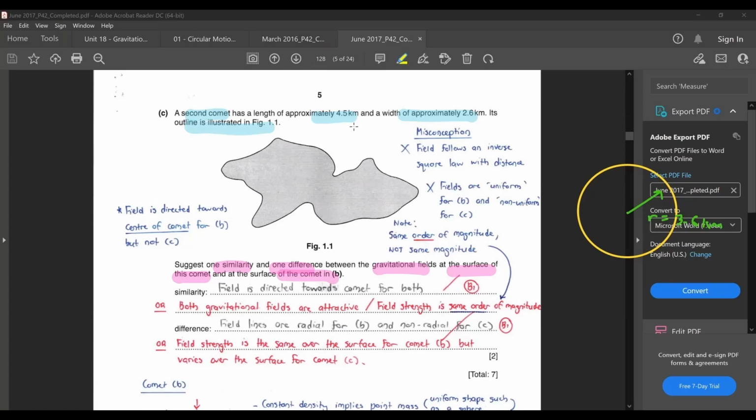So before I move to that, let me just go and mark out certain things. Your length is 4.5 kilometer. Your width is about 2.6 kilometer. Okay, now, if you want to evaluate the difference in the gravitational fields, you can try and draw out the field lines around both shapes.